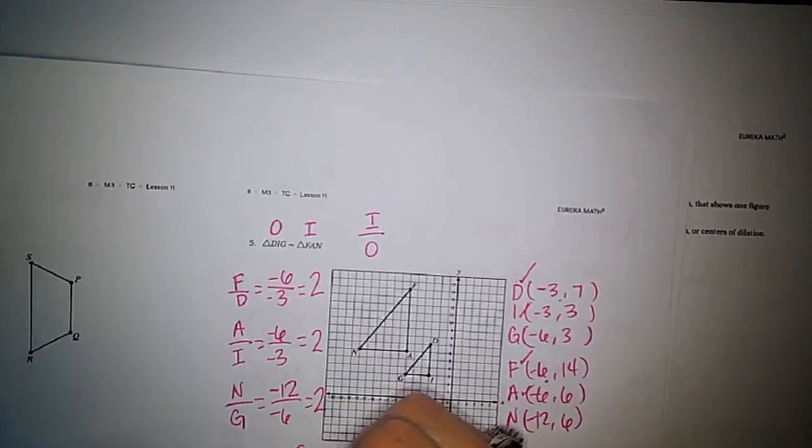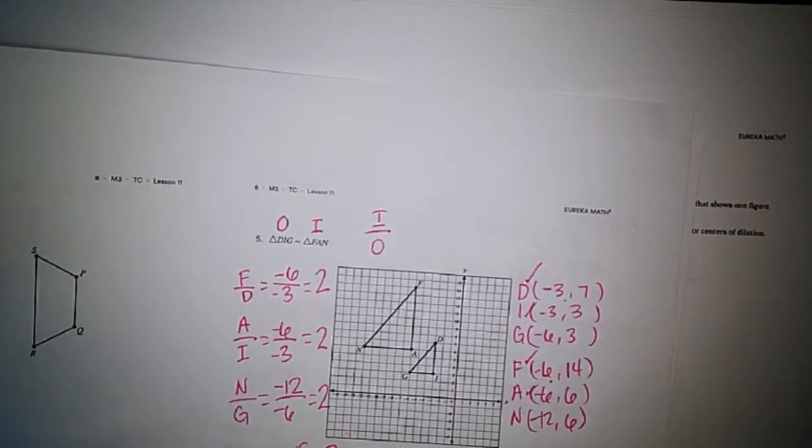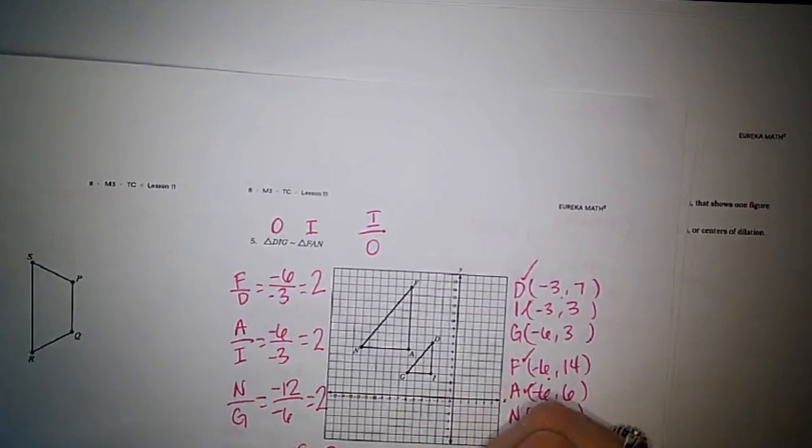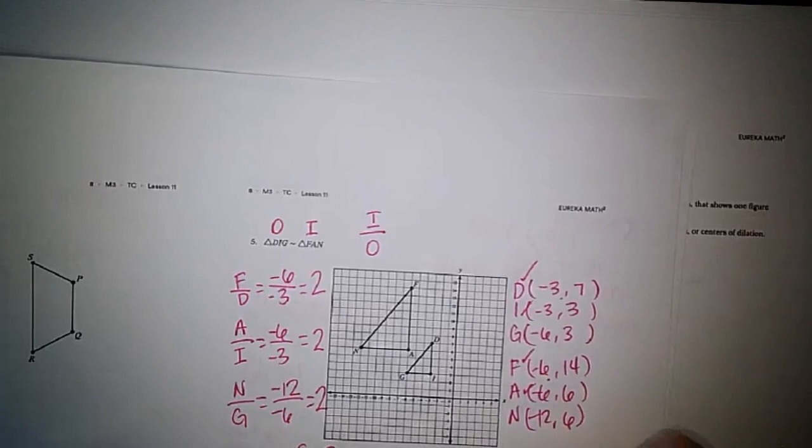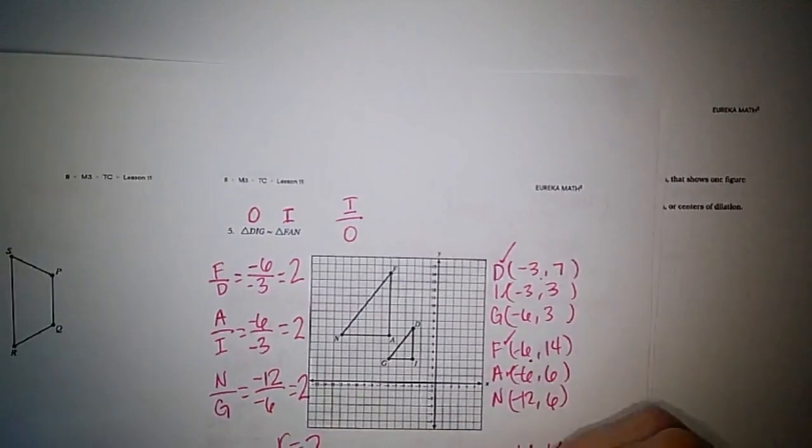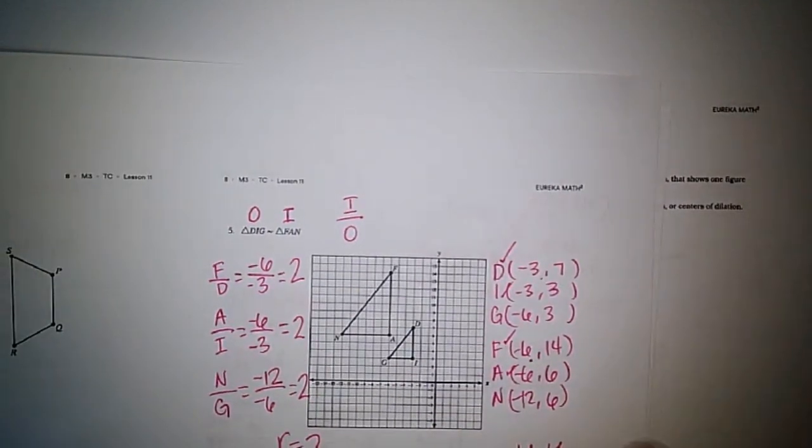What would happen if it switched? What would the scale factor be if triangle FAN was similar to triangle DIG?